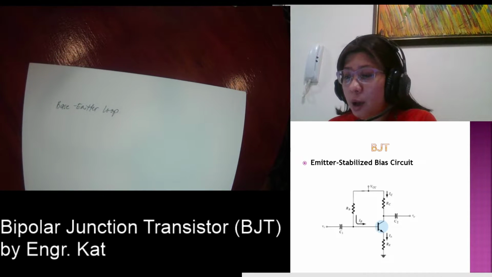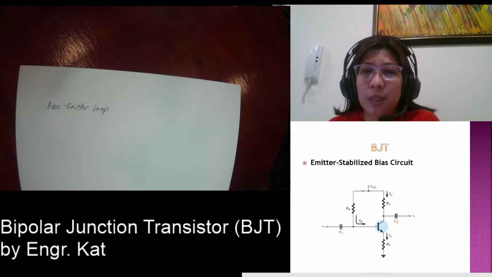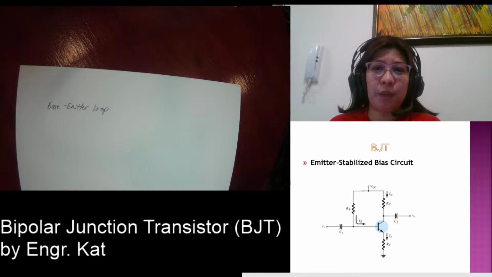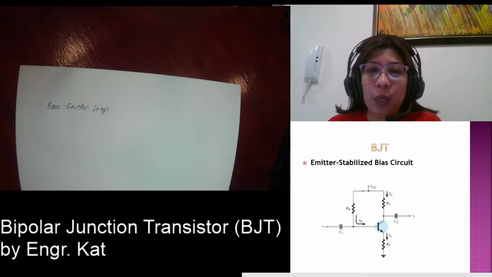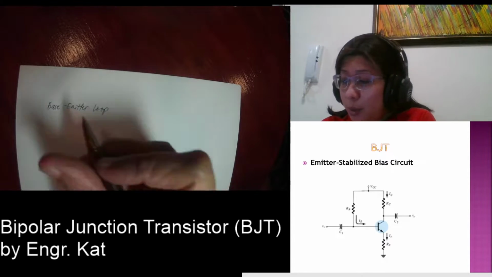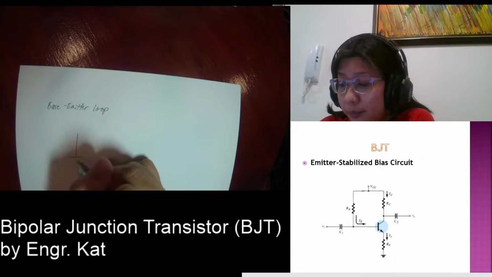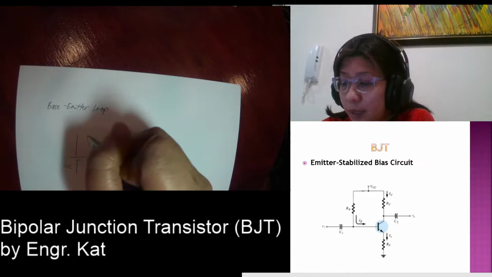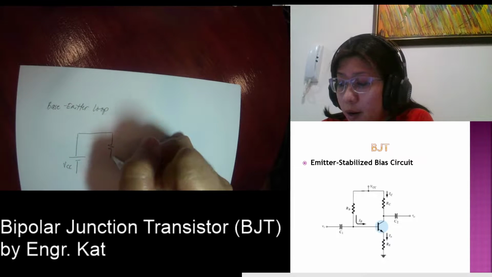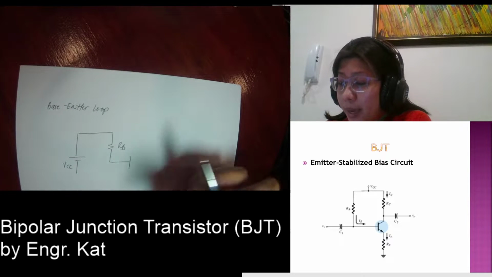Okay, so how does your base emitter loop look like? It's just like what we did in the fixed bias configuration, but this time with the addition of our emitter resistance. So we have here your VCC, and then this is your RB, and then this is our base.